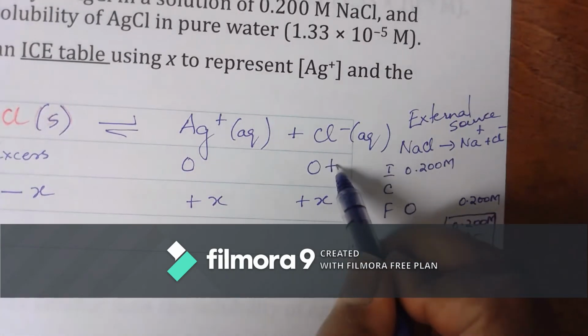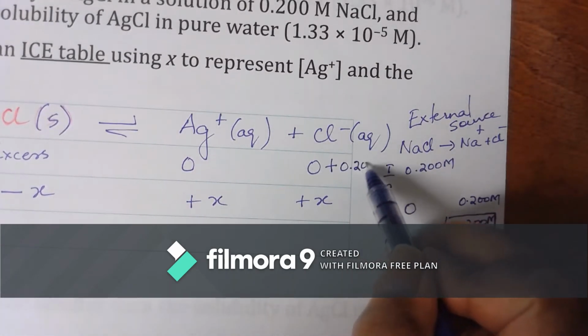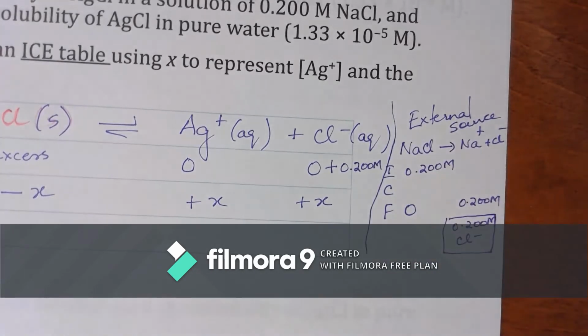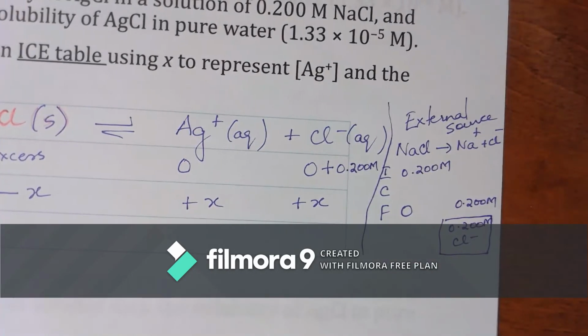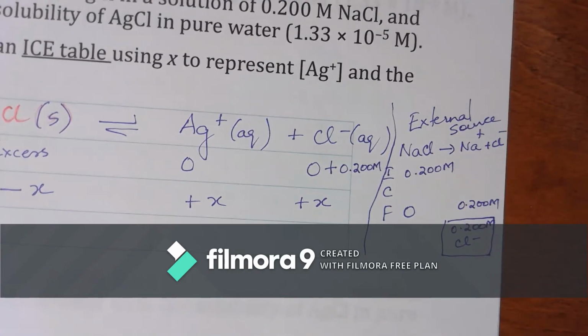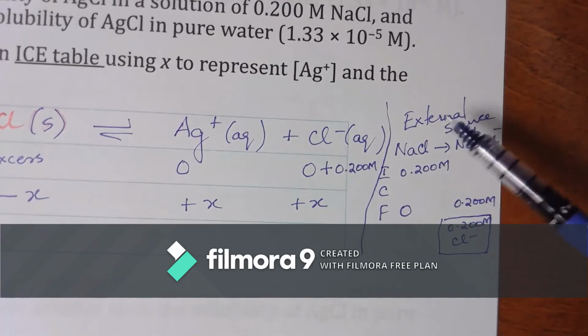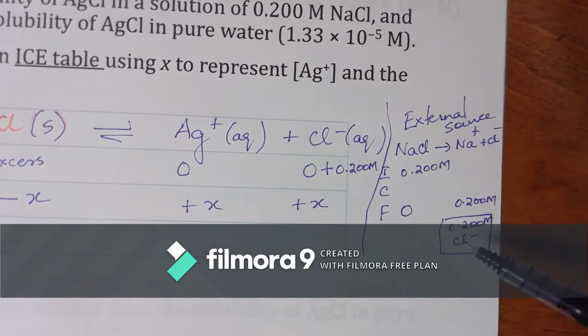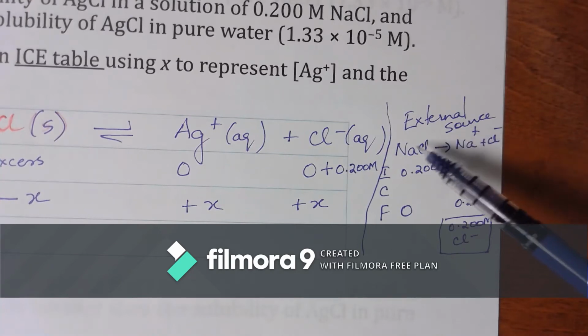So remember, if you have the common ion, we do that. Draw a line to separate the two. Now, at equilibrium, you see what's happening? You're adding sodium chloride to produce more of the common ion. This ion comes from sodium chloride.